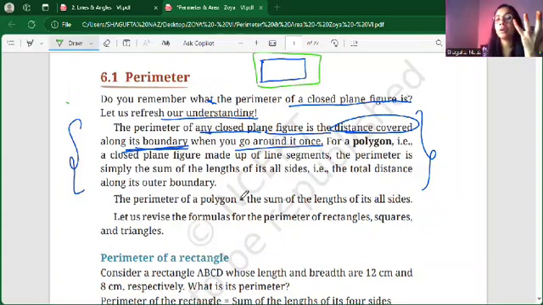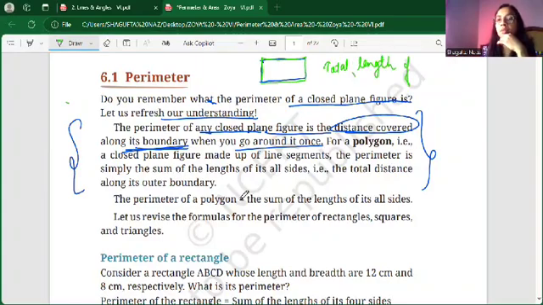That's where we are taking the total length of the figure. For example, any polygon or any closed figure.